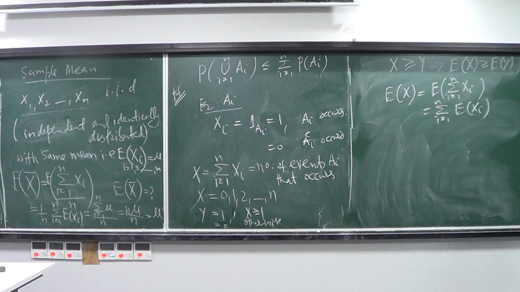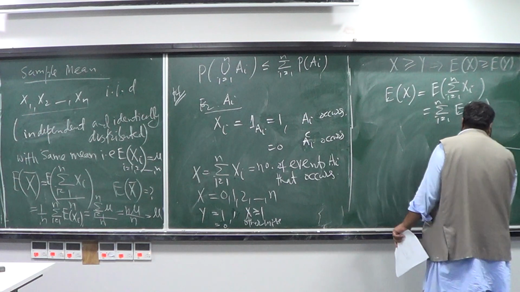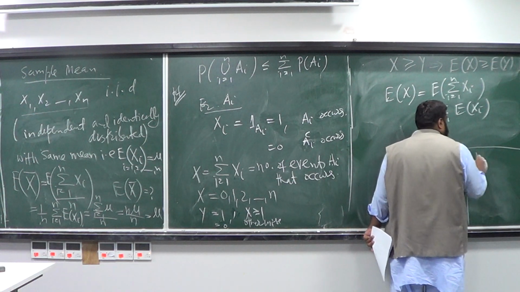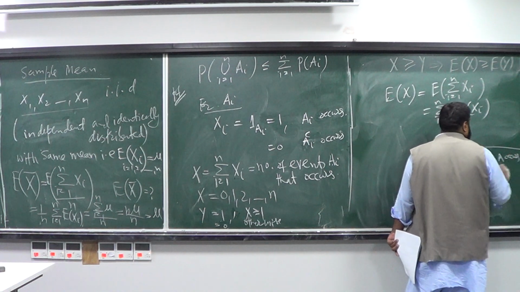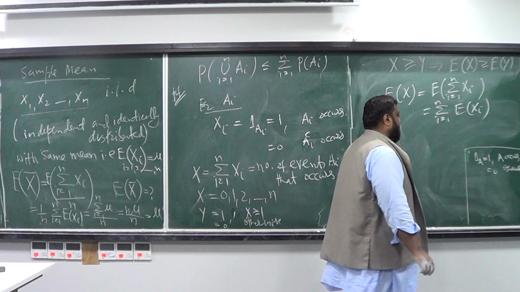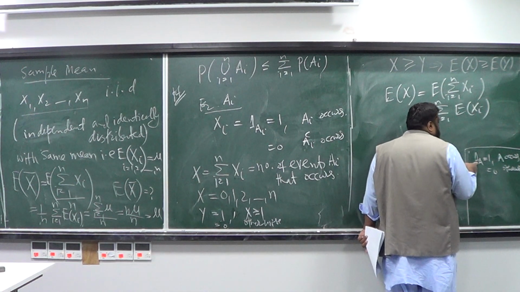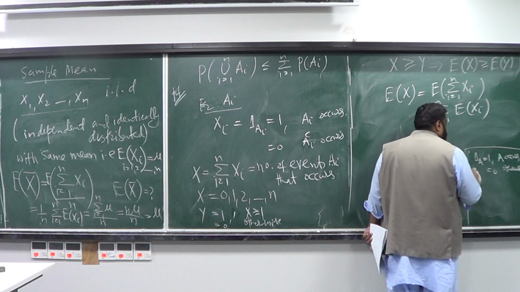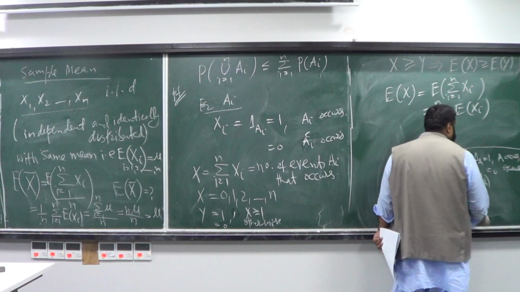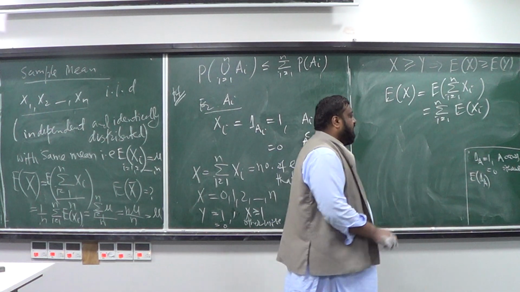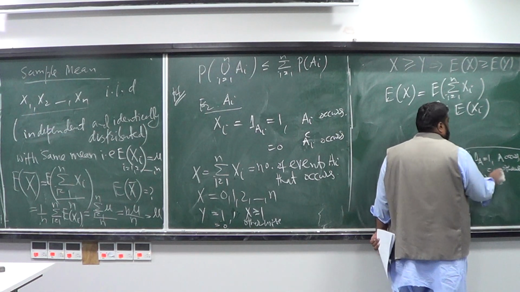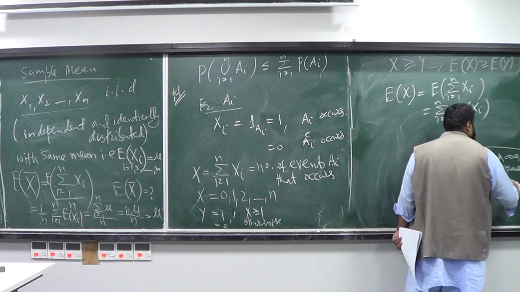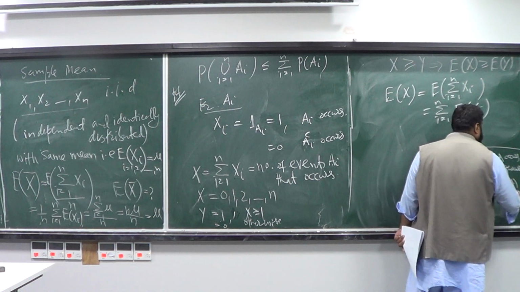You know about the indicator function: I_A is equal to 1 if A occurs and equal to 0 otherwise. The indicator function of A takes two values, 1 multiplied by the probability that A occurs, plus 0 multiplied by the probability that A does not occur.